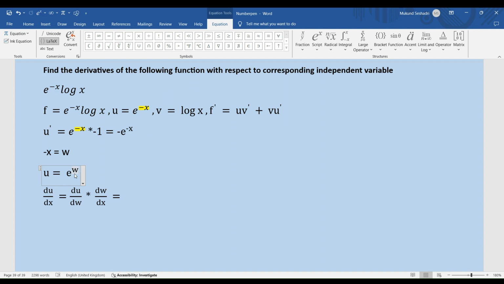Basis first principles, we know that my du by dw will be e to the power w again, right? So let me write that.